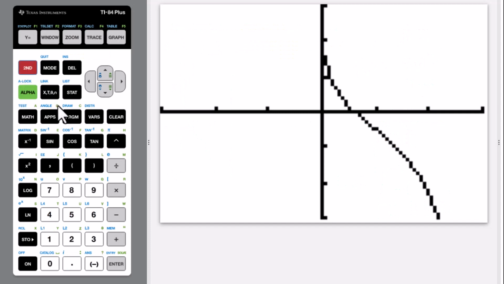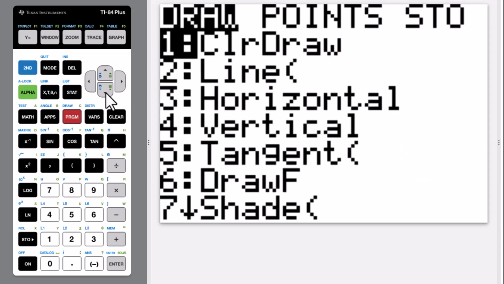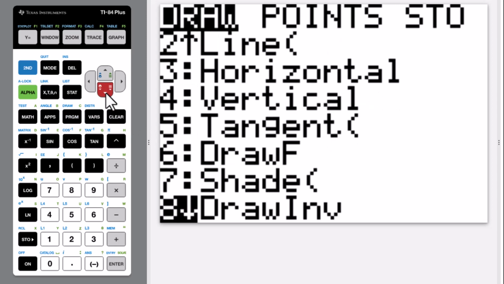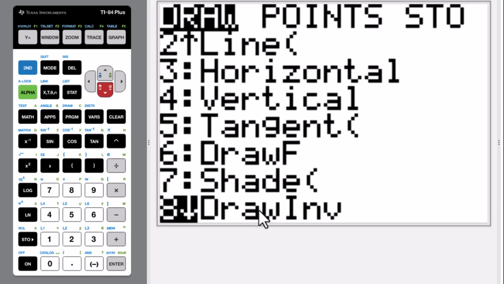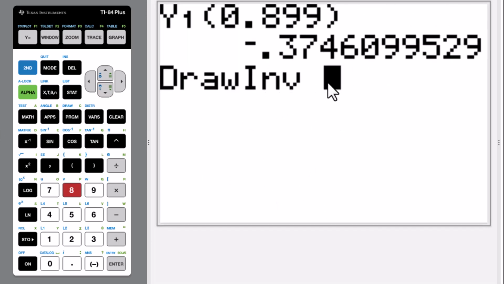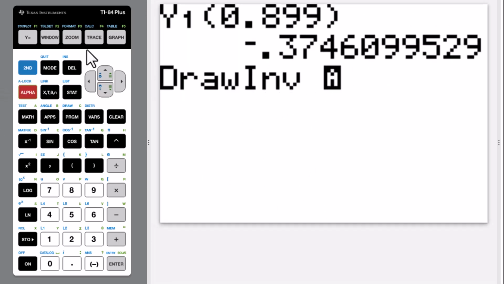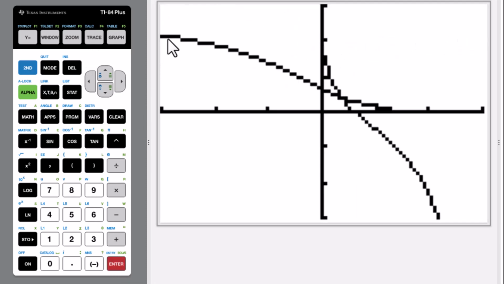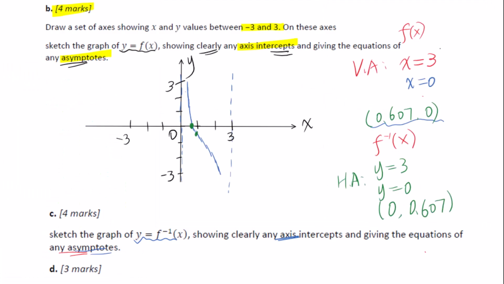Your calculator can sketch the inverse function for you. We will go to second program, then keep going down. 8, Draw inverse. Inverse of which function? It will be y1. Enter. You could say this is the inverse function. We will draw the asymptote line first, then this y-intercept.